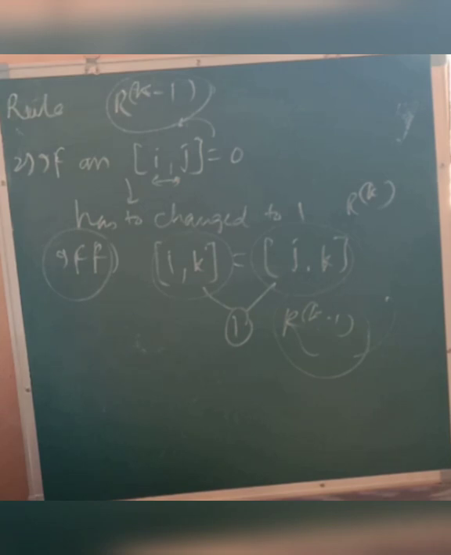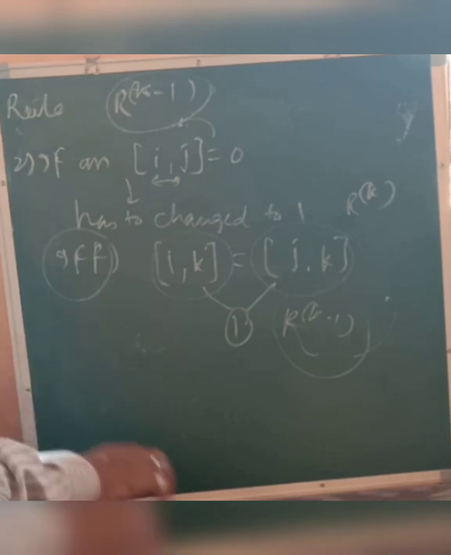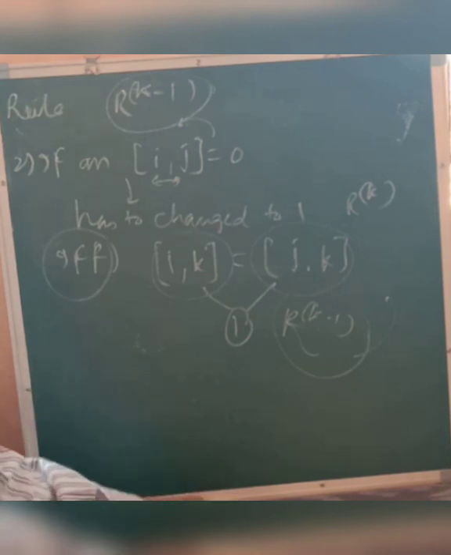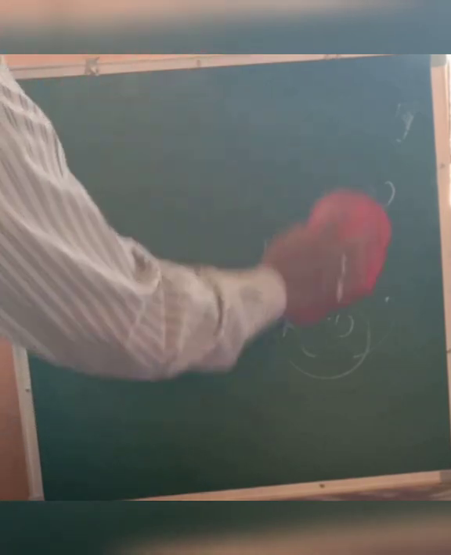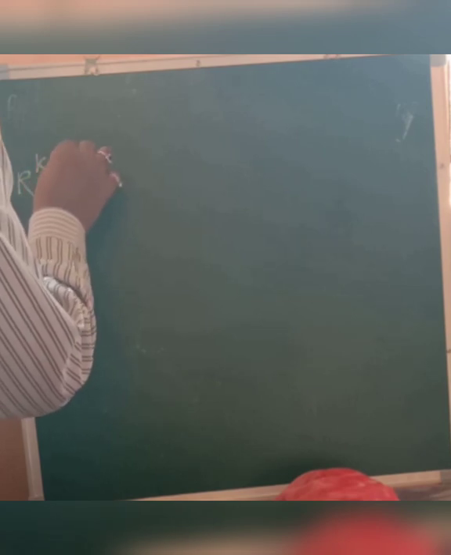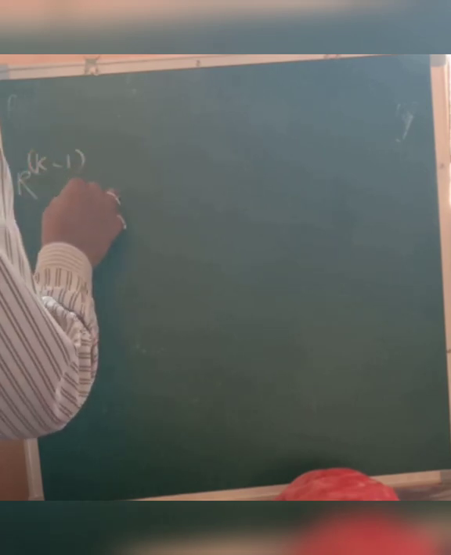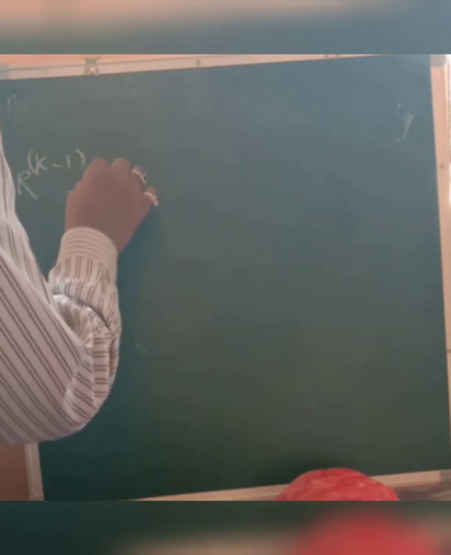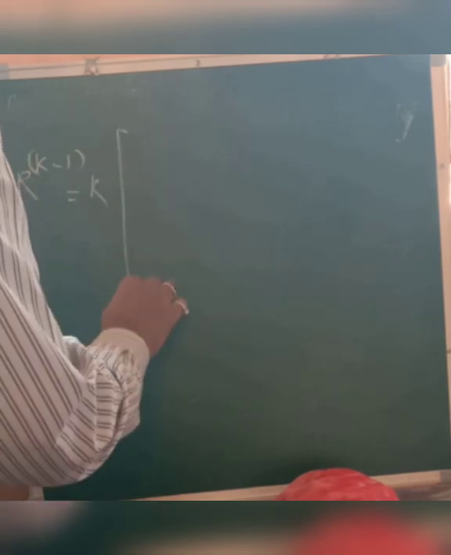So this is the rule of zeros in Warshall's algorithm, for the transitive closure. R(k-1) is the matrix where k is the kth element.